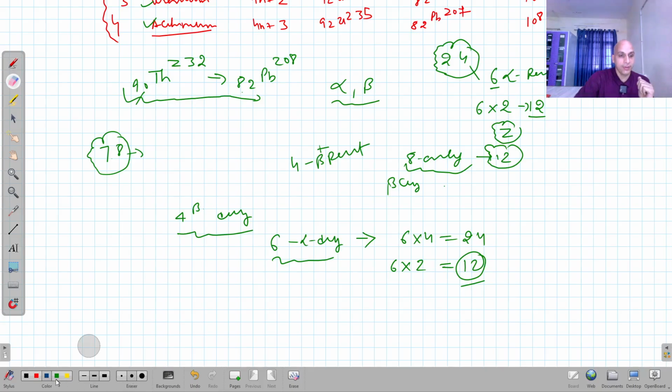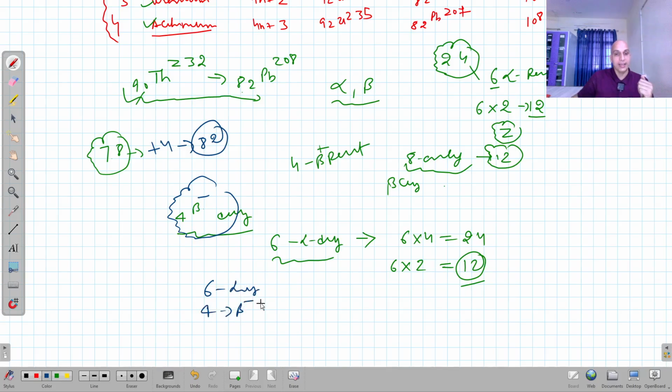4 beta negative particles will be emitted, because we have already reduced the atomic number. So when 4 are emitted, they will add plus 4. So it will give you 82. So this is the question I was talking about. How many alpha particles? We have 6 alpha particles and 4 beta negative, right?